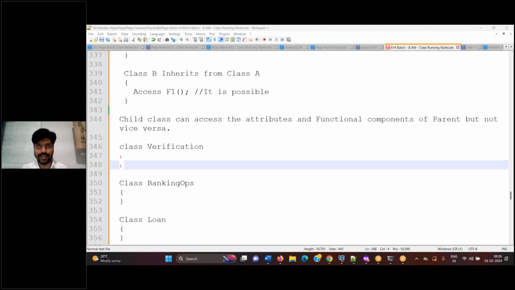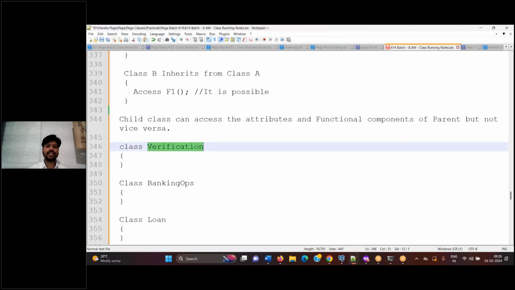But in technology, everything should be done automatically in the process. Now, verification is a common department, which has the functional components and attributes that can be commonly utilized by the banking system, insurance system, as well as the loan processing department.